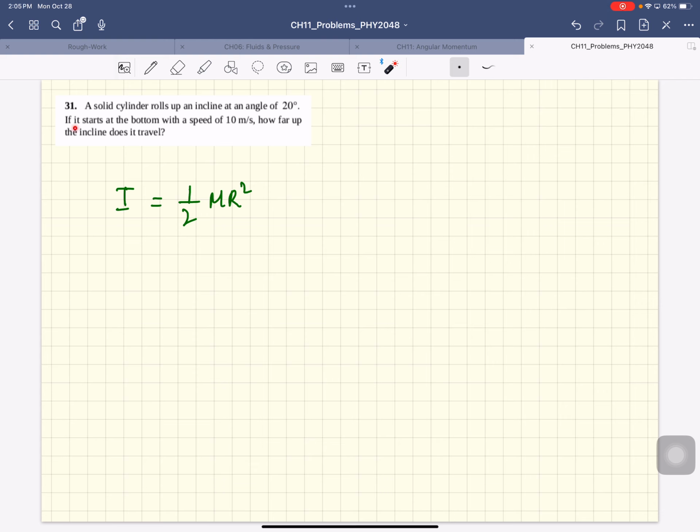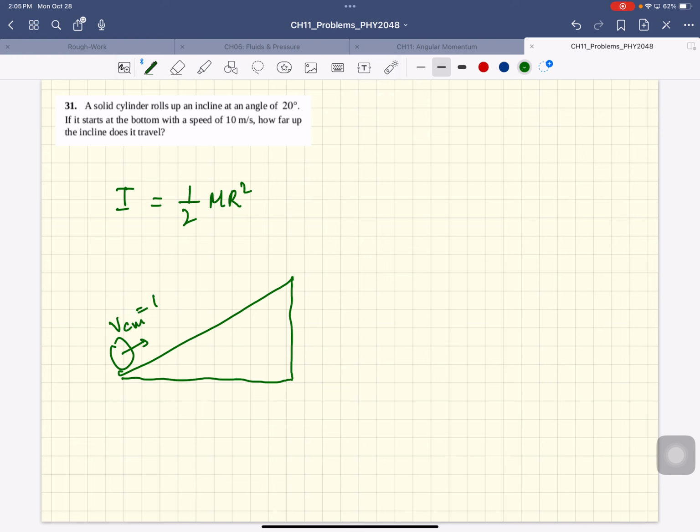If it starts at the bottom with a speed of 10 meters per second, how far up the incline does it travel? That is the question.